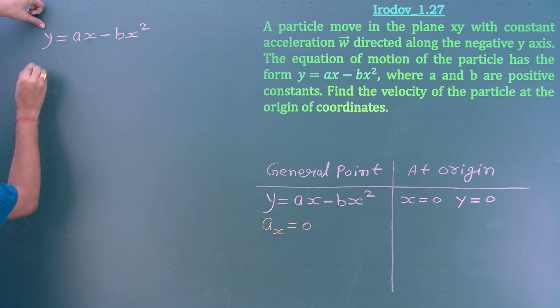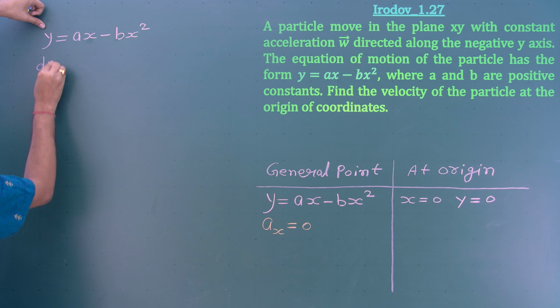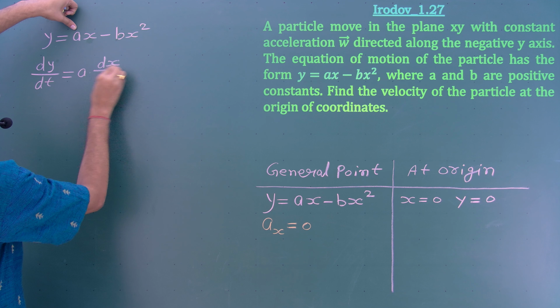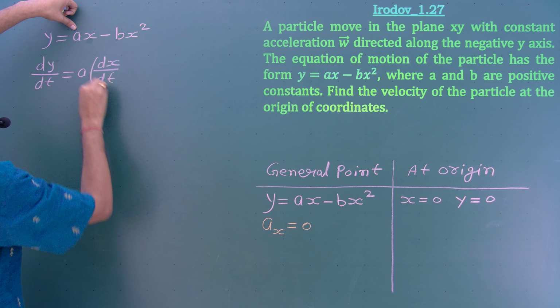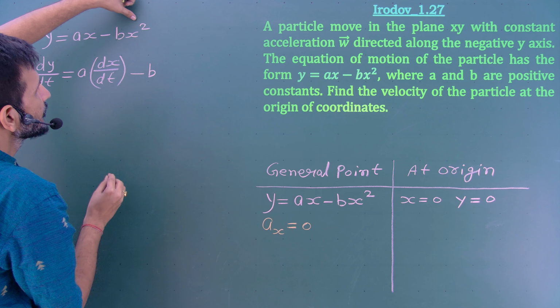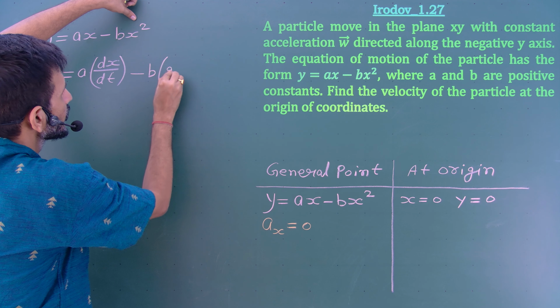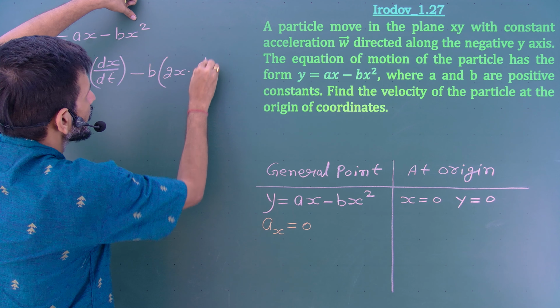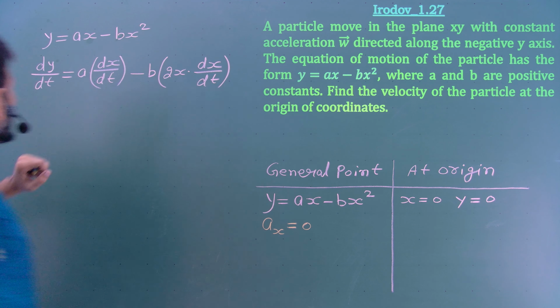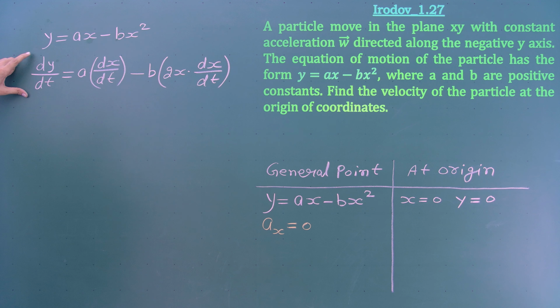If I differentiate, this is dy by dt, which should be equal to a, a is a constant, so a into dx by dt, minus b is a constant, and differentiation of x square is 2x into dx by dt. Okay, what is dy by dt? This is the velocity of the particle in y direction.